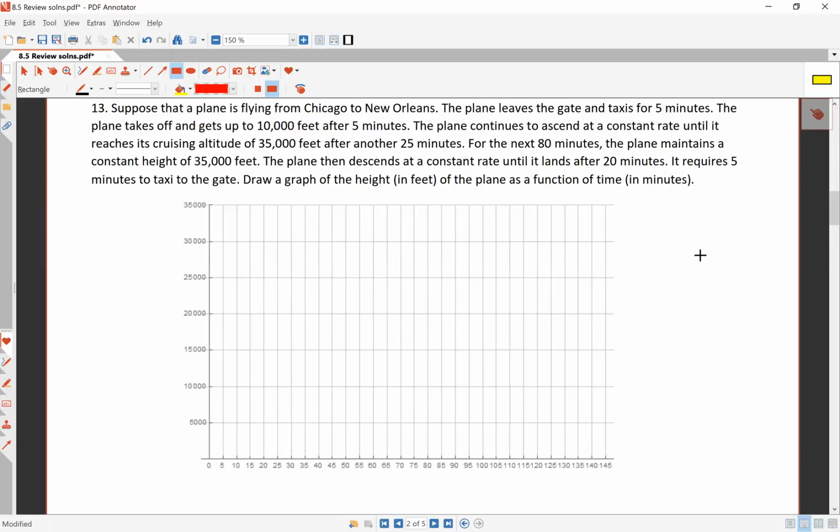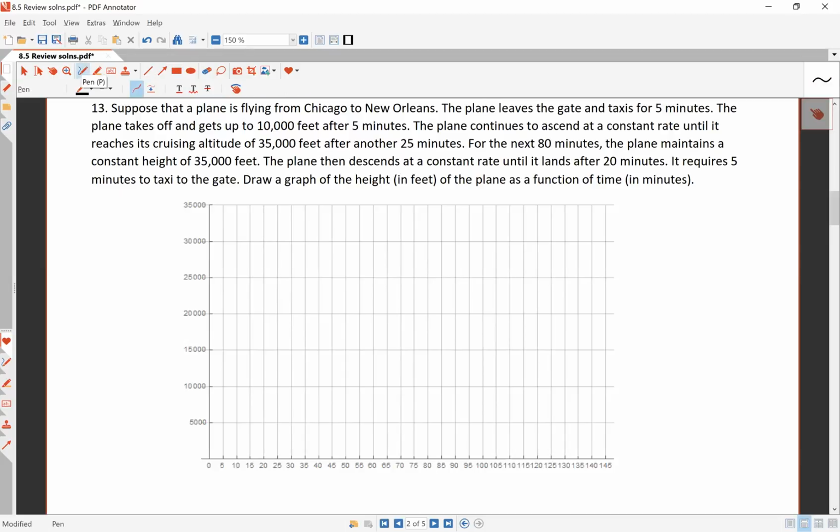The plane continues to ascend at a constant rate until it reaches its cruising altitude of 35,000 feet after another 25 minutes. For the next 80 minutes, the plane maintains that constant height of 35,000 feet and then starts to descend at a constant rate until it lands after 20 minutes. It requires 5 minutes of taxi to the gate. We want to draw a graph of the height of the plane as a function of time.